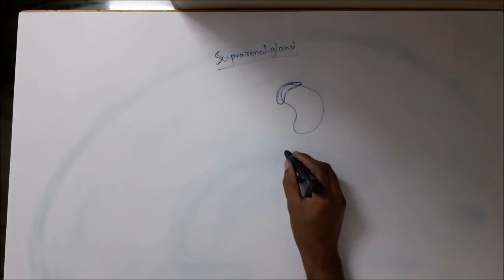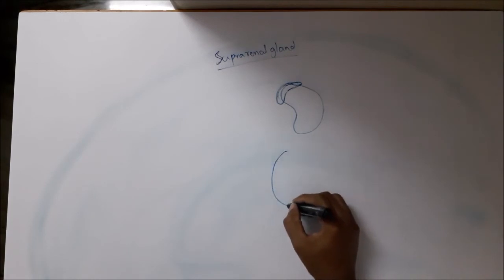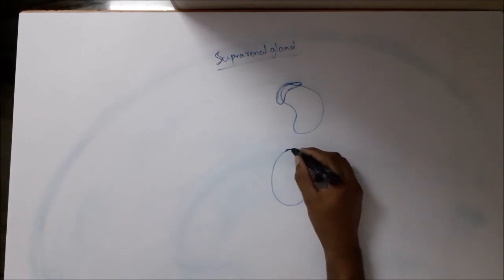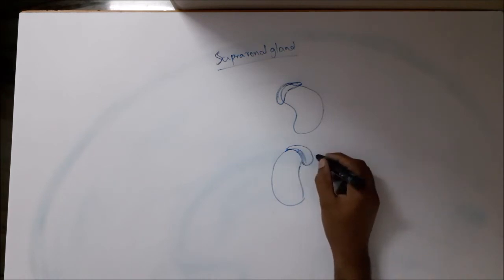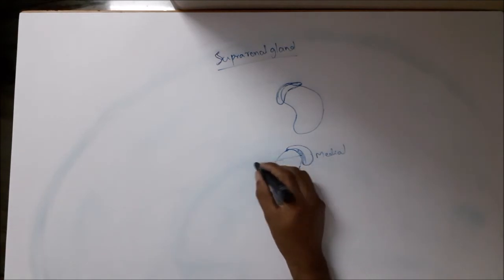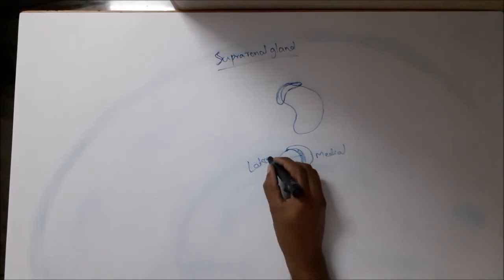So this left suprarenal gland, if you see the same thing in the posterior view, you can divide that into its medial relations and the lateral relation, how it is related medially and laterally.